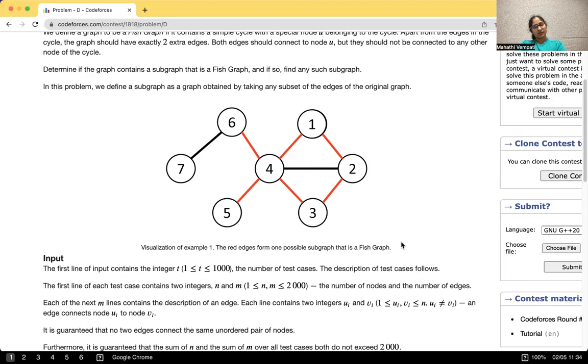For the constraints they gave, it seems since we can do n square, let me, oh no.